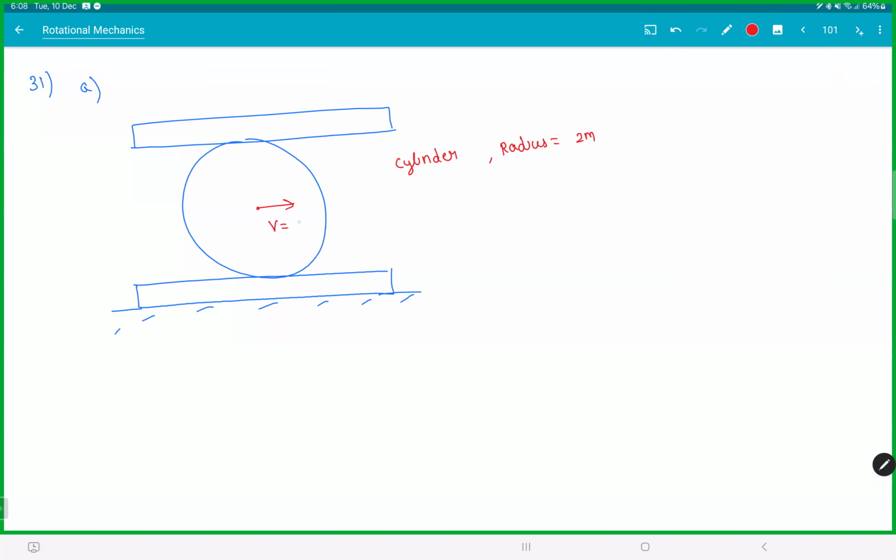This is going with velocity 5 meter per second. This plank is going with, let's call it VP1. Let's call this thing P2. So VP1 is 2 meter per second. Find omega of the cylinder and velocity of plank 2. There's no slipping between the cylinder and the planks. So there is an omega for this. I didn't give you. You have to find that.